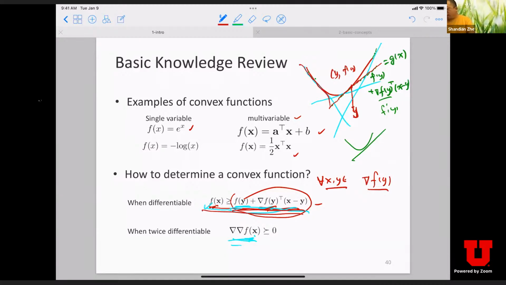If you draw a tangent line here, here, and here, they're tangent to the convex function at different positions, but all the tangent lines are below the entire function body. The second commonly used sufficient condition is that if your function is twice differentiable and its Hessian matrix is positive semi-definite, then it must be a convex function.